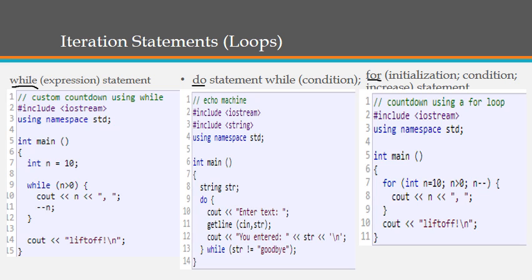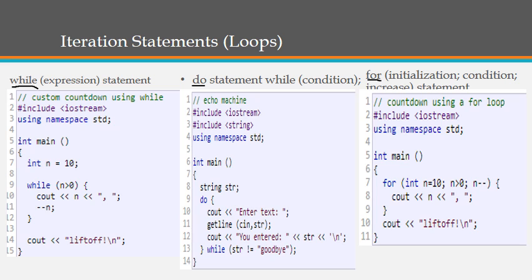The while loop simply repeats statements while an expression is true. If after executing some statements within the while loop, the condition is no longer true, then the loop ends, and the program continues after the loop.